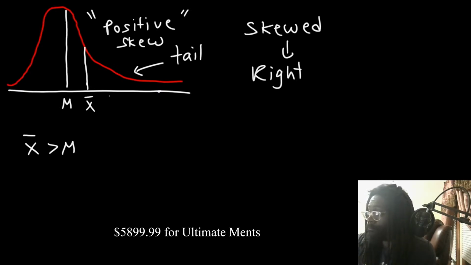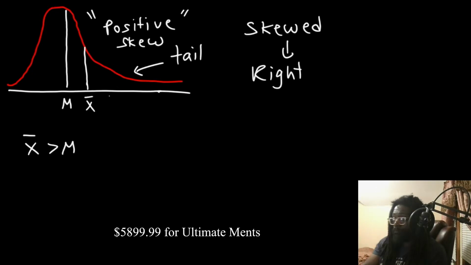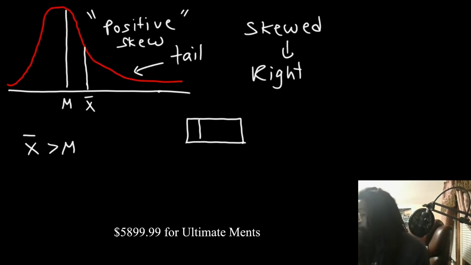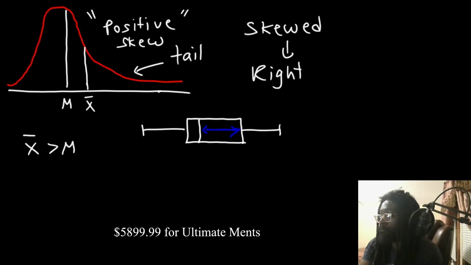Now, you need to be familiar with the box and whisker plots for this type of distribution. So here's one example. Notice that the right side of the box is longer than the left side.